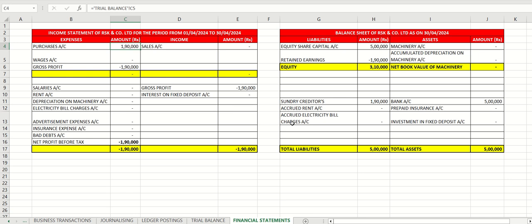Now we are showing the net purchases of 1,90,000. Similarly, the sundry creditors got adjusted by 10K and we are showing 1,90,000 against sundry creditors. So there shouldn't be any discrepancy between assets and liabilities. The balances should match up. Okay, hope this is clear. Now let's move to the next business transaction.